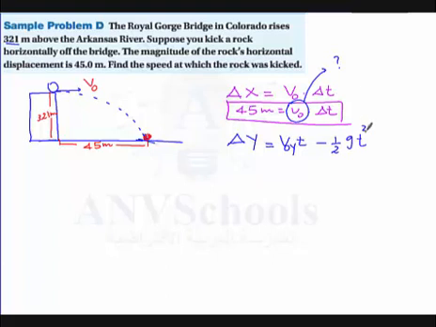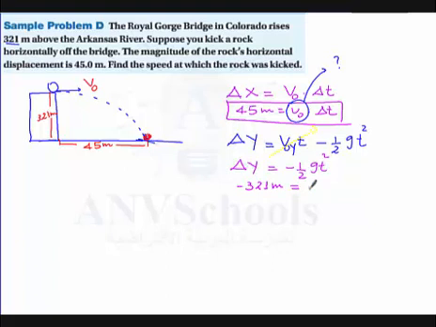But we know that this rock was kicked horizontally, which means it had no initial vertical velocity. It was 0. So the vertical displacement is now given by negative 1 over 2 g t squared. The vertical displacement is negative 321 meters, because the rock is falling down along the negative y-axis.